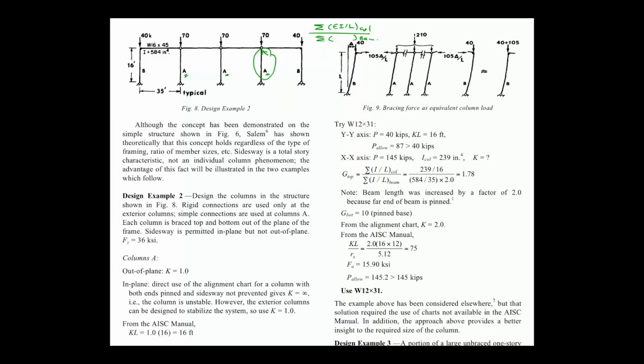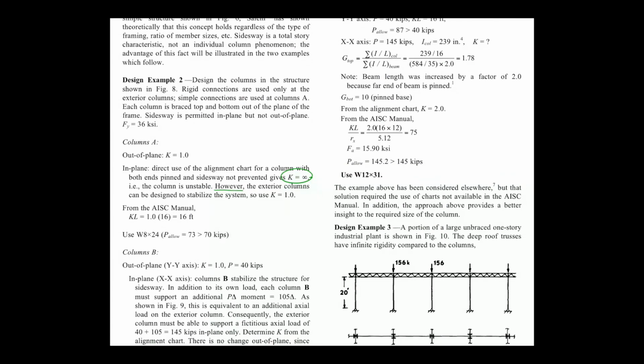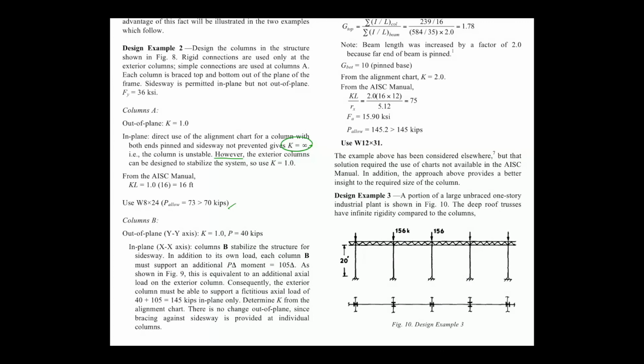You have just the column, right? But as it is hinged, you do not have any contribution from the beam stiffness. So basically you have something divided by 0, which makes it infinity. So you come up with K equal to infinity, the column is unstable. However, the exterior column can be designed to stabilize the system, so use K equals 1.0. From AISC, KL, and then you come up with the cross section.